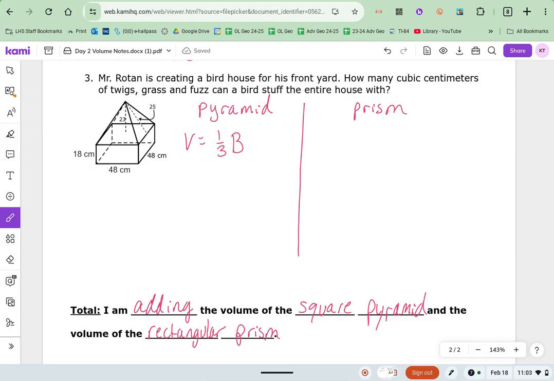Wait, what do you think that is? The height's 18. Would it be 23?